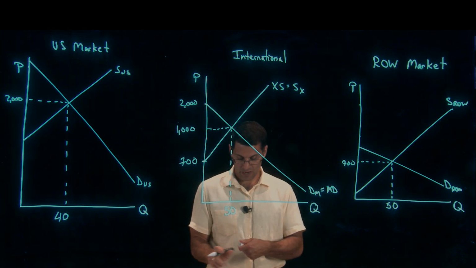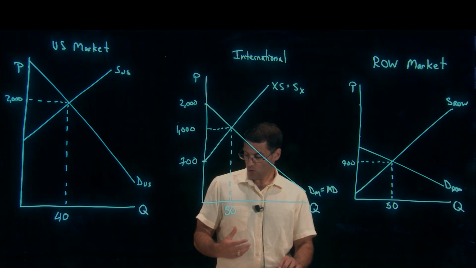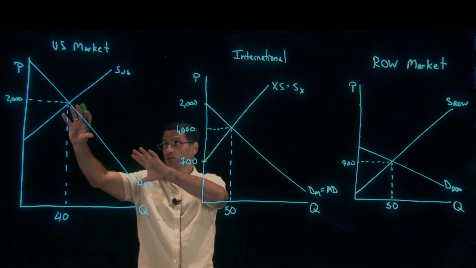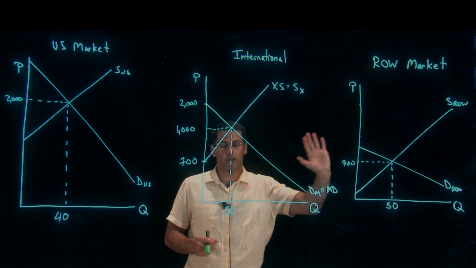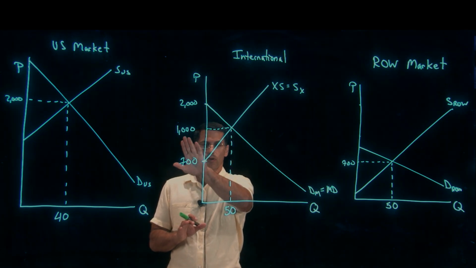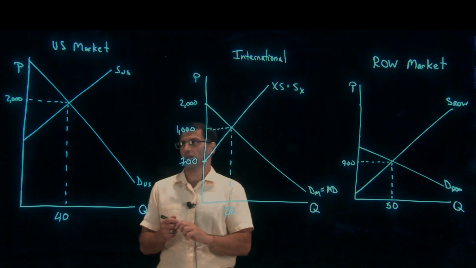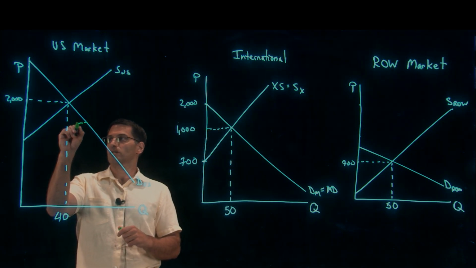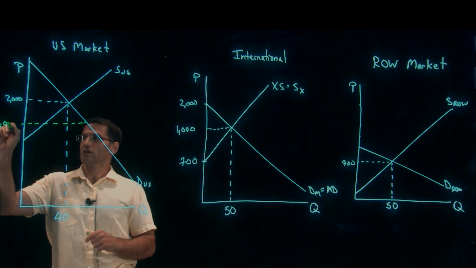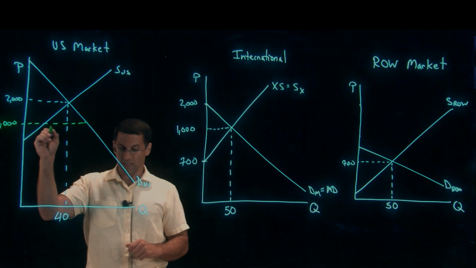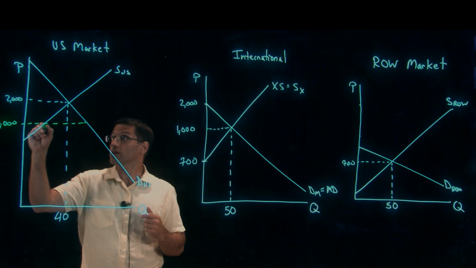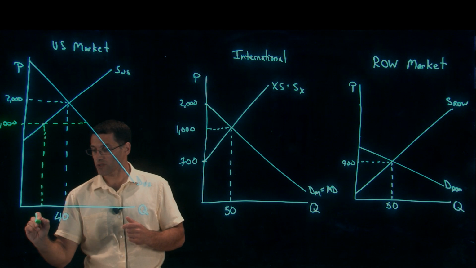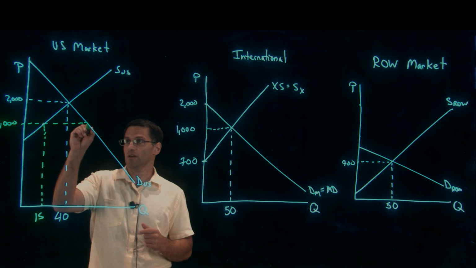Now, where's that 50 coming from? In order to see that, we're going to have to go back into our US market and our rest of the world market. And I'm going to see also where does this equilibrium price and quantity come from? How does that work out for us? So if we put that price of 1,000 in here, what we would see is that quantity supplied at that lower price of 1,000 in the US would only be 15,000 motorbikes.